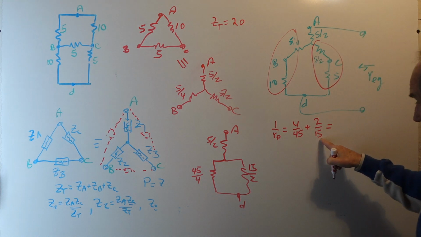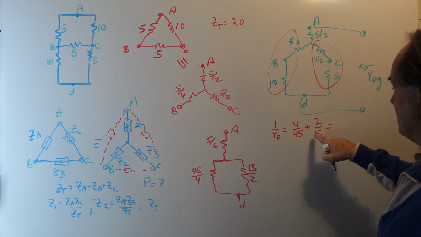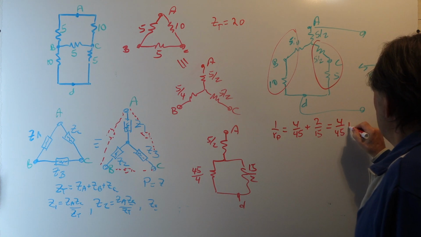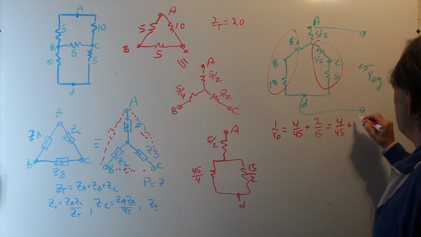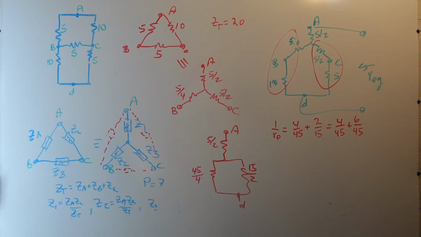But 3 times 15 is 45, so this becomes 4/45 plus 3 times 2 is 6 over 45.